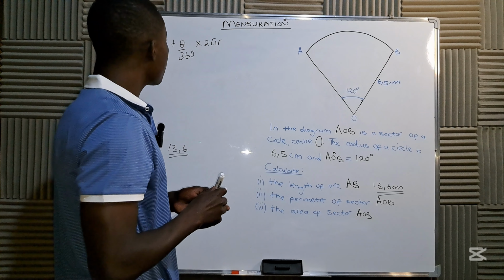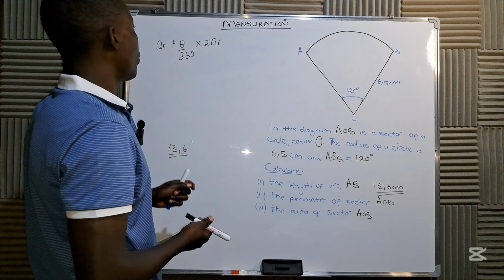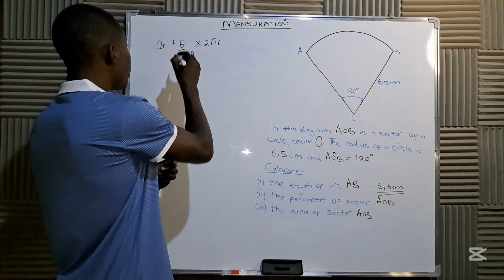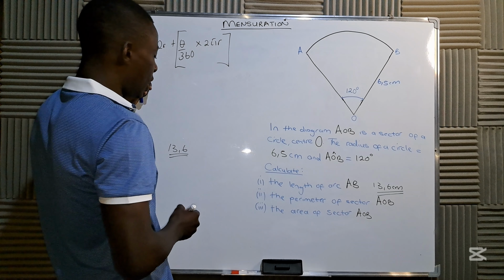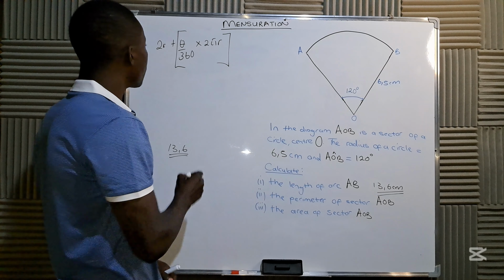In other words, it is the formula for the length of an arc plus the radii. So we have already calculated the length of an arc, which is 13.6.